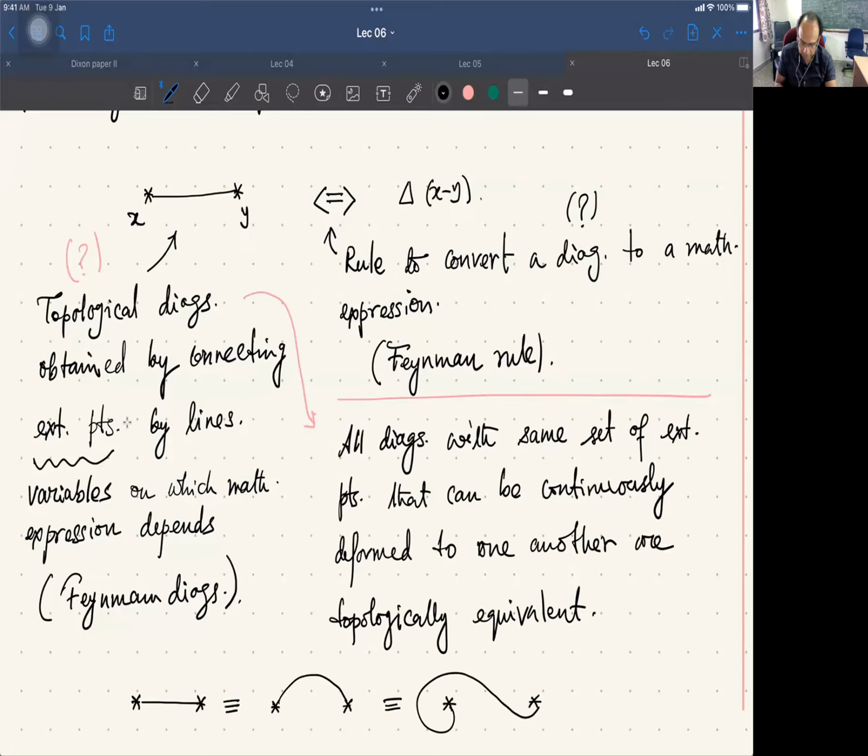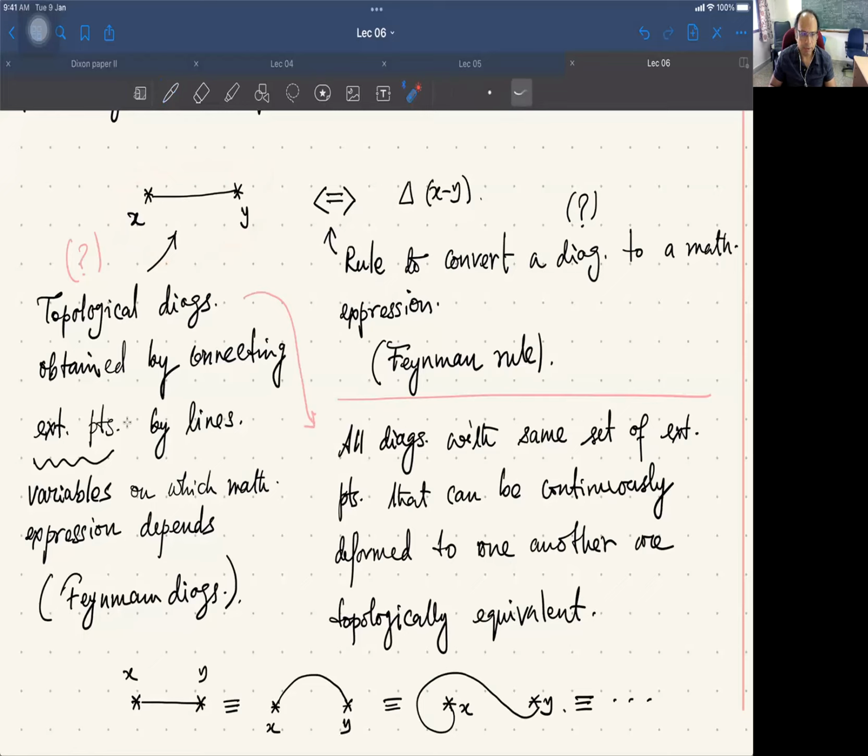The same x and y have to be the same, and so on, right? So you get the idea. Now, we saw that in our worldline theory, we get a diagram like this. Okay. Now, why is it important?